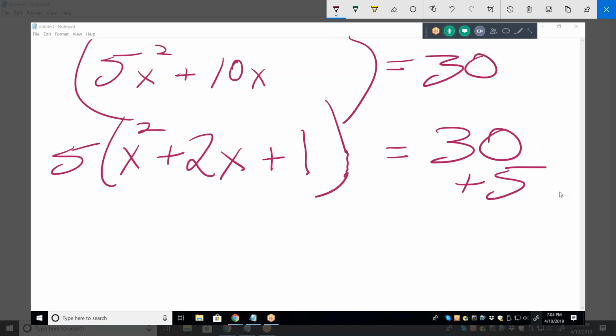What's the next step on what to write? You would write 5, and what goes in the parentheses? The x, and the 1. x plus 1. Not just x1.